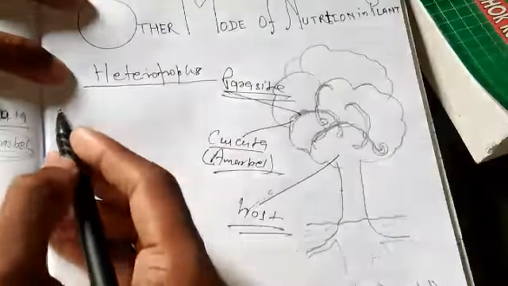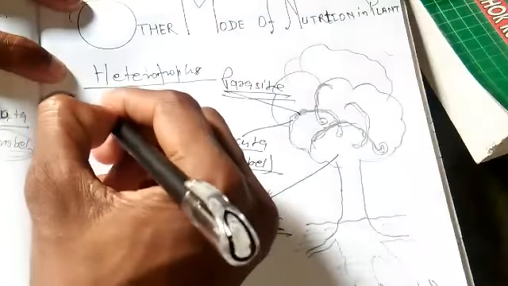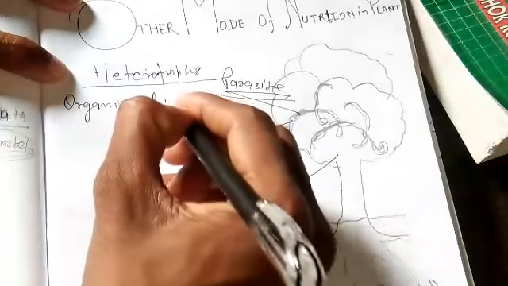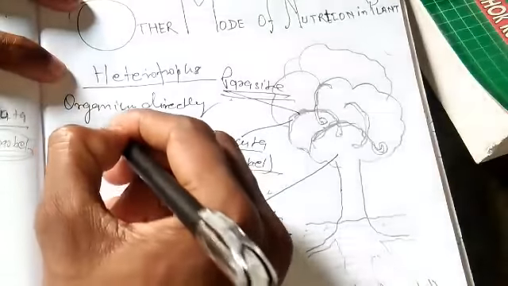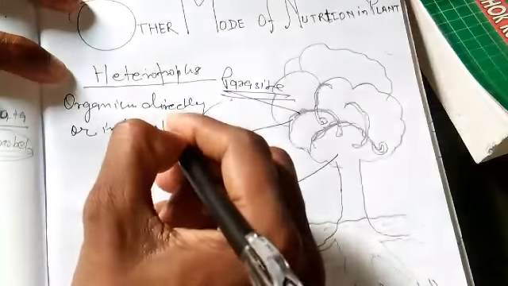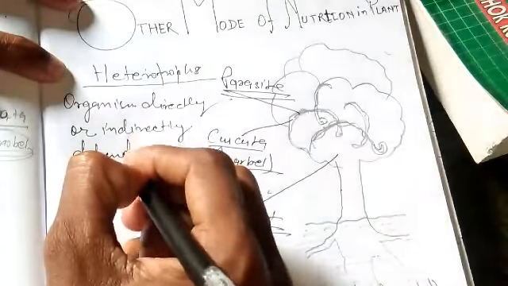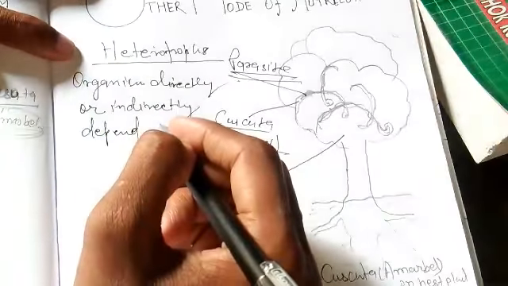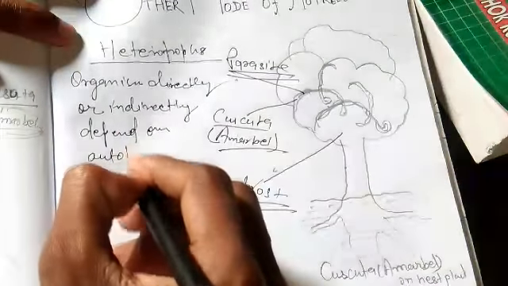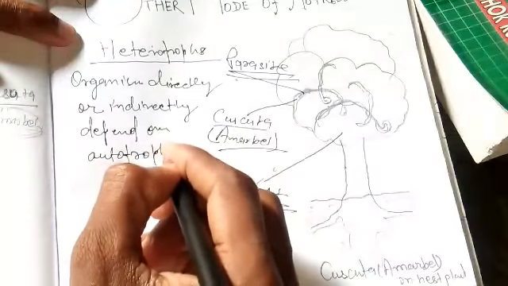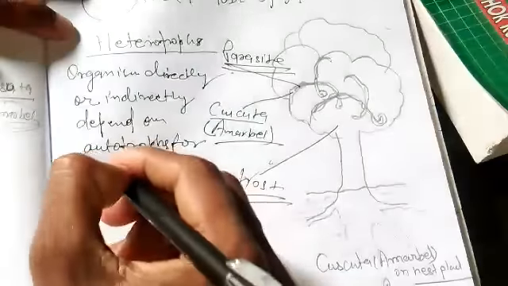Organisms that directly or indirectly depend on autotrophs for food.